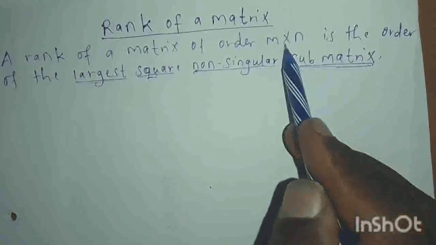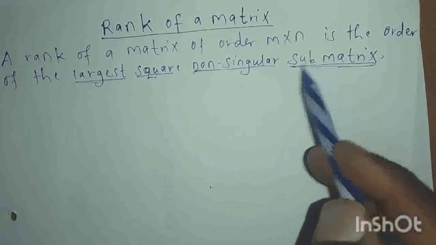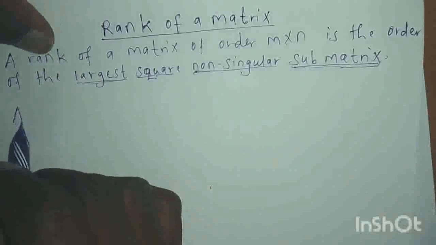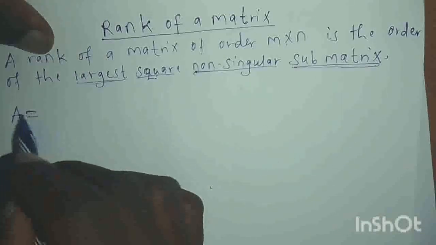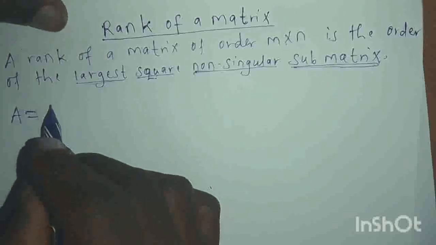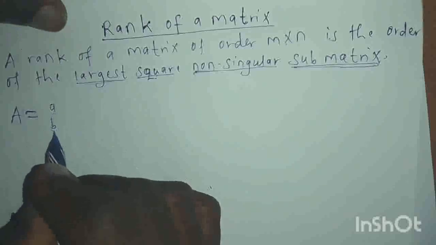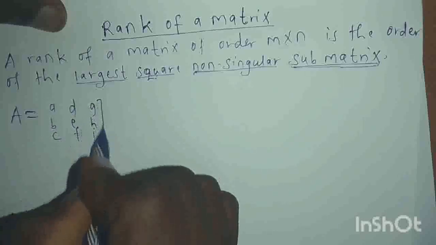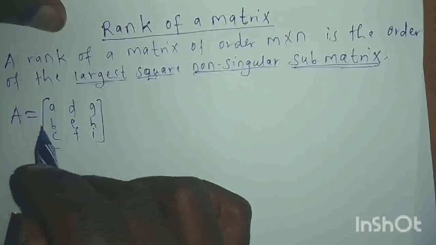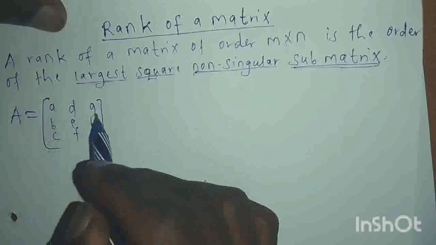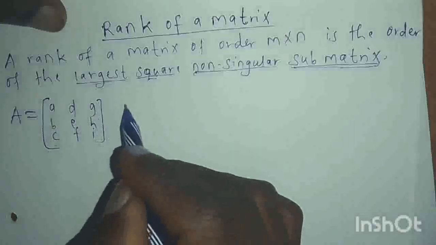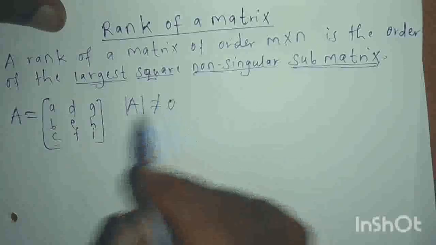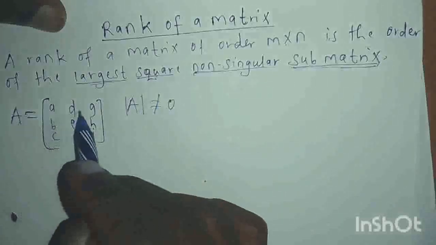So we want to look at an example, or before an example. It means that if matrix A is a square matrix, let's say of order 3 by 3, if this is matrix A of this order, if this square matrix has a determinant which is not 0, it means that it is the rank of itself.